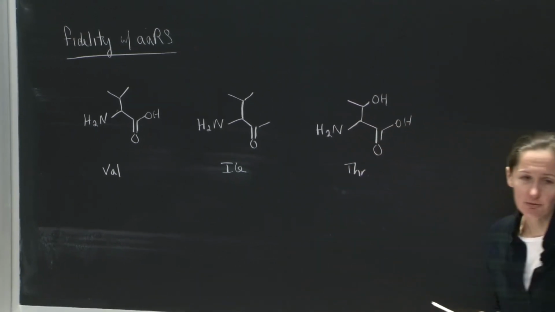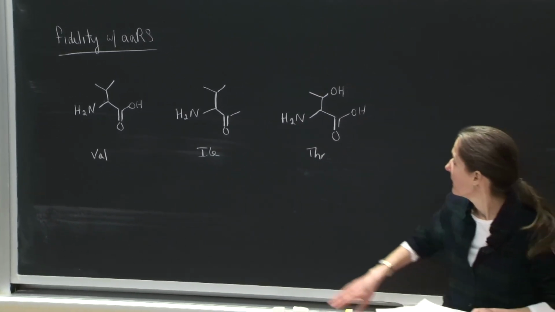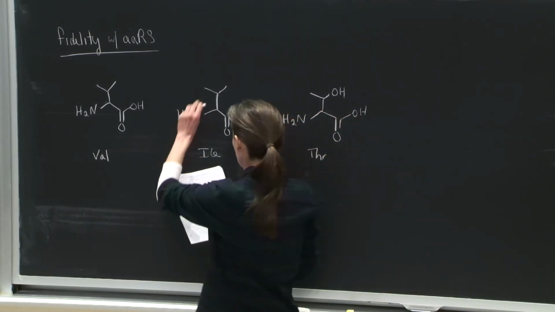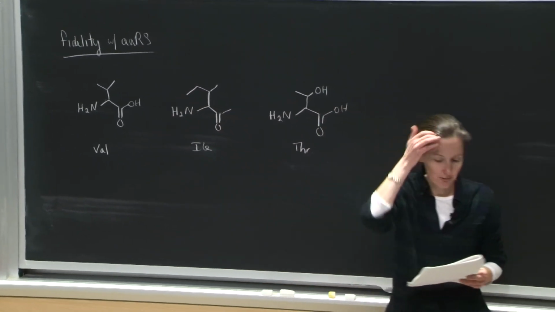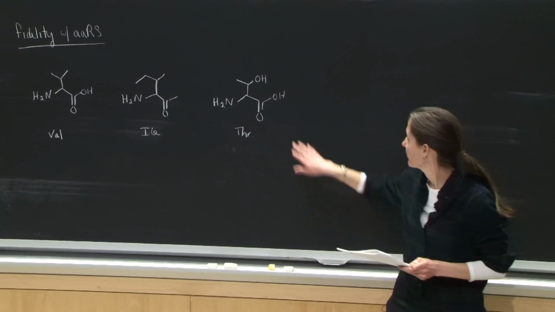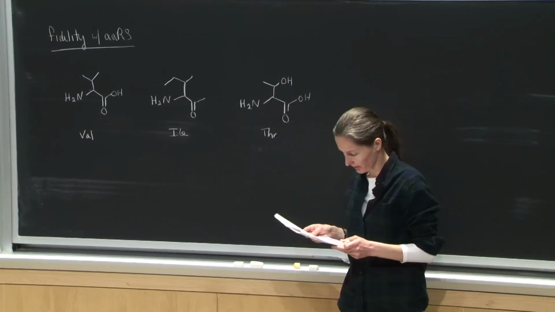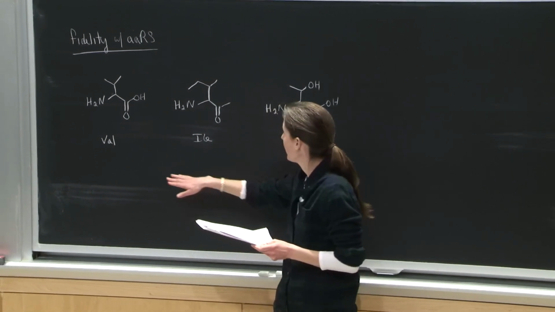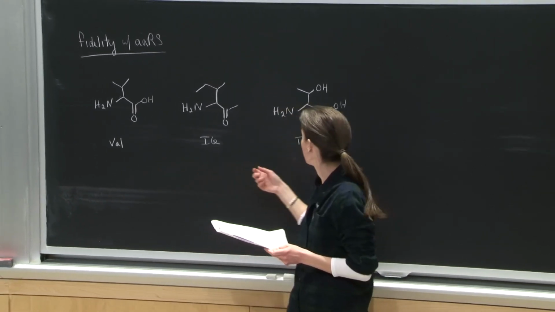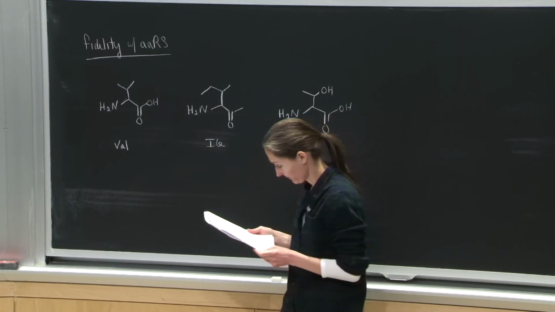They're different, but they're not too different. Oops, sorry about this, we're missing a methyl. Valine and isoleucine, we have a difference of a methyl group. Threonine, we have this OH group. And we can just ask the question, for instance, how is valine differentiated from isoleucine or threonine here?